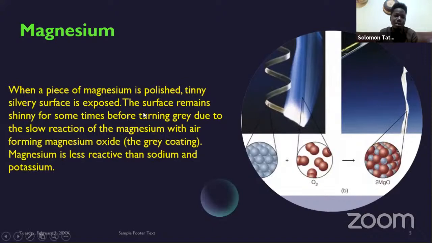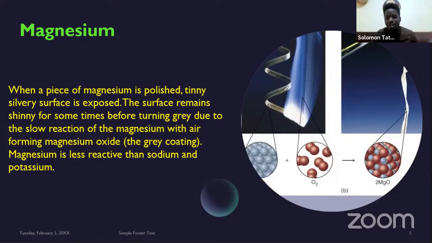The surface remains shiny for some time before turning gray due to the slow reaction of magnesium with air, forming magnesium oxide, a gray coating. Magnesium is less reactive than sodium and potassium. Magnesium also reacts with oxygen in air, but it is just slow in its reaction.